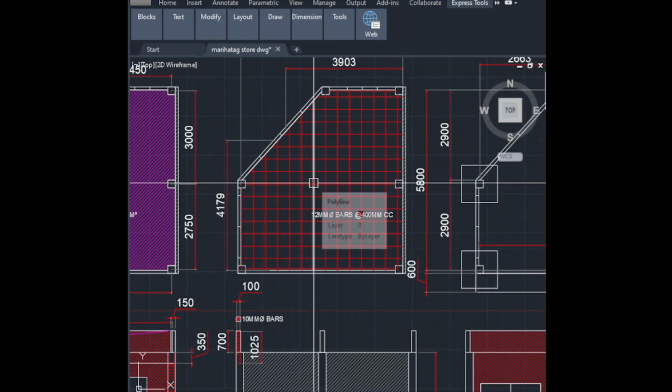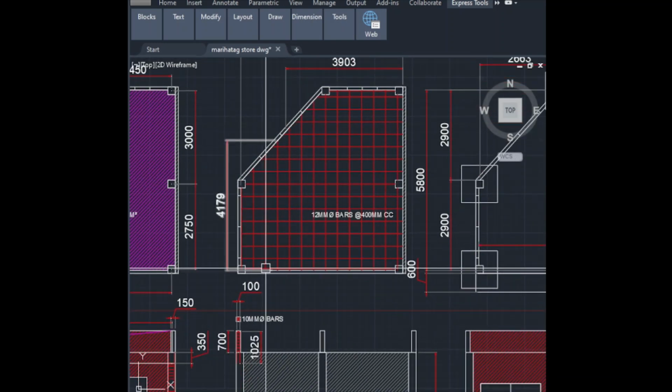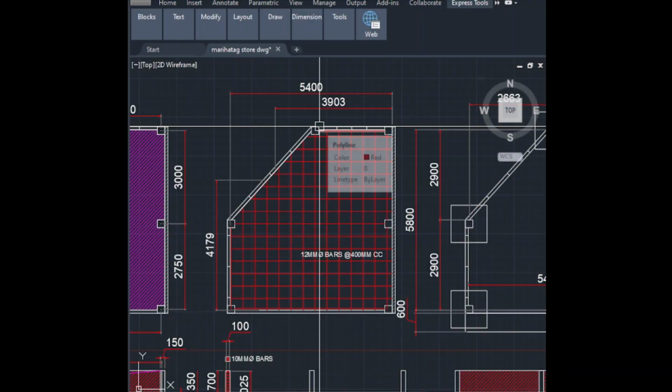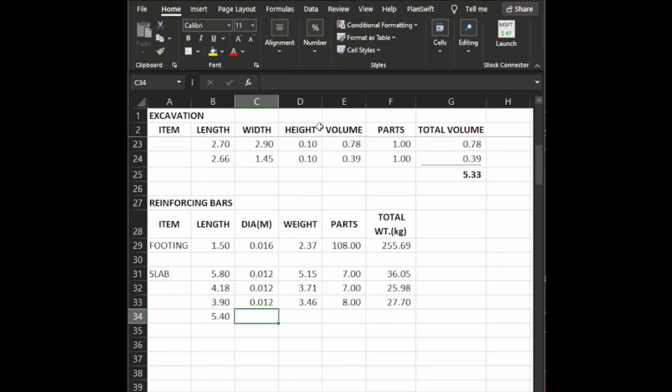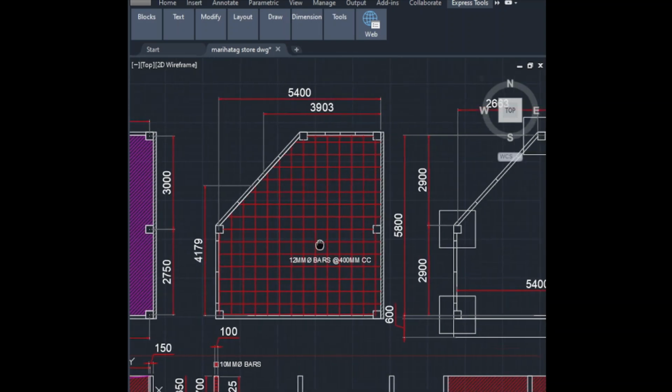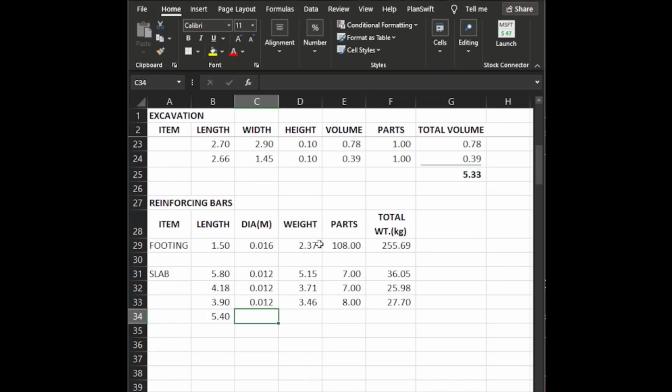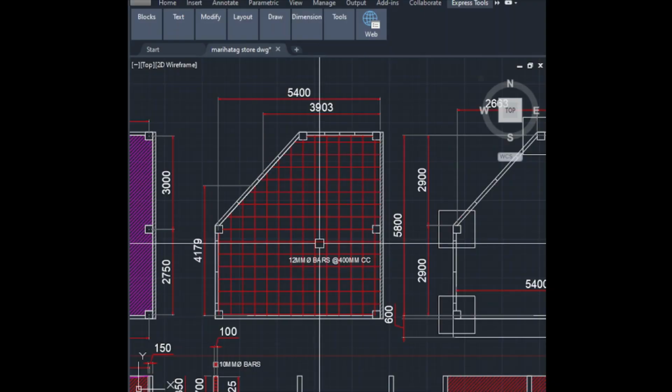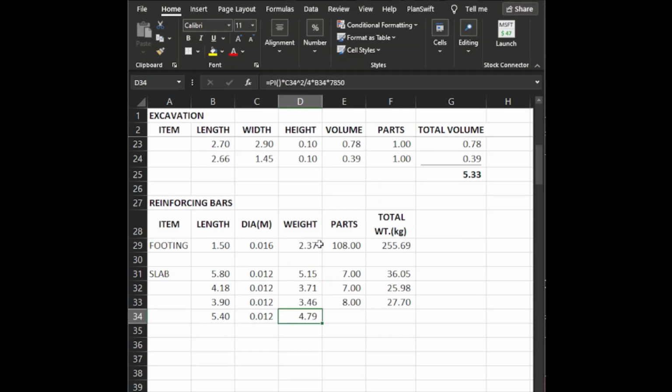So for this one, 5.4 meters, these horizontal bars here, guys, 0.012. The weight, copy from the top only, guys, because this will be the same here.